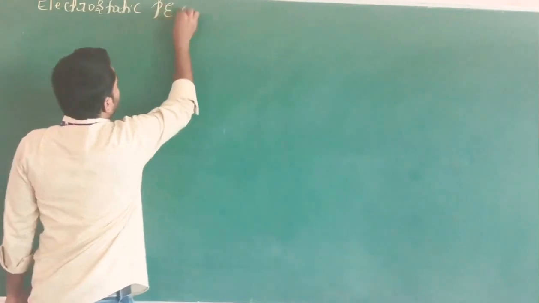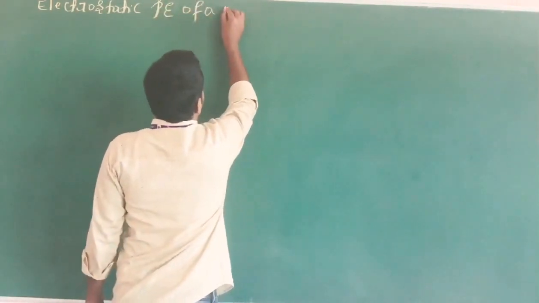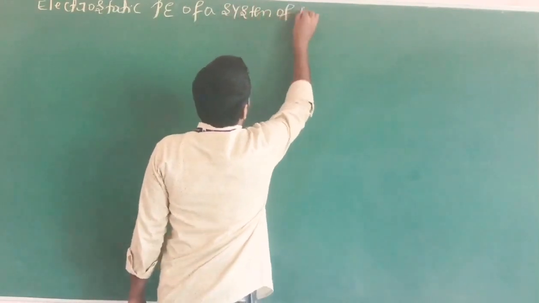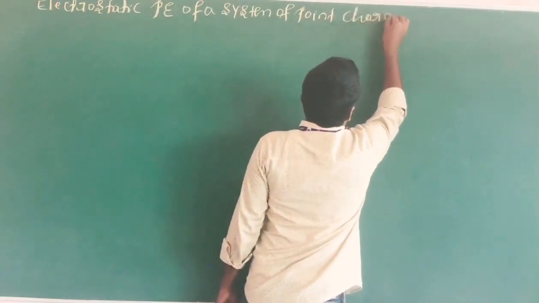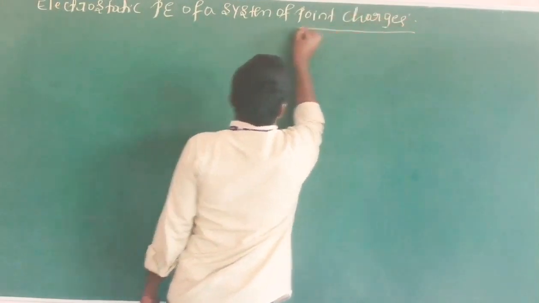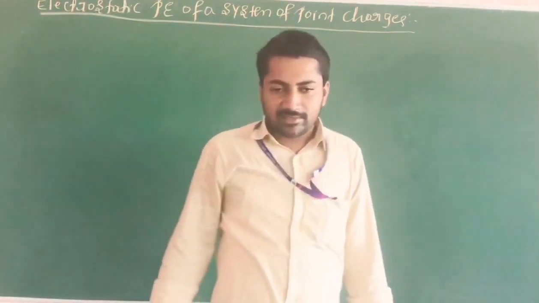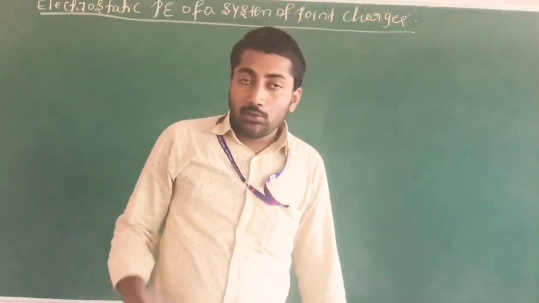Electrostatic potential energy of a system of point charges. Potential energy means the energy possessed by a body due to its position.